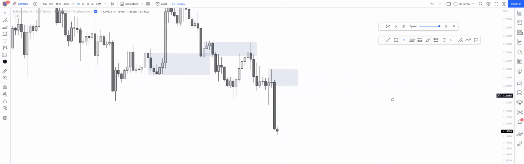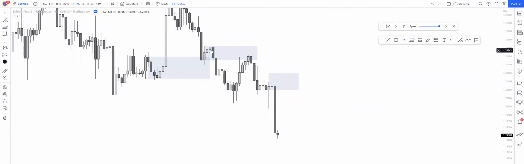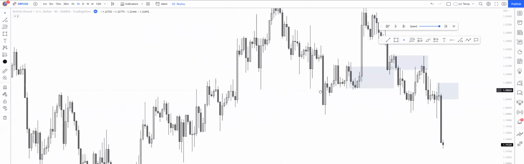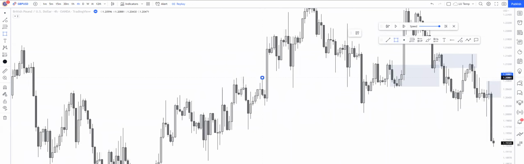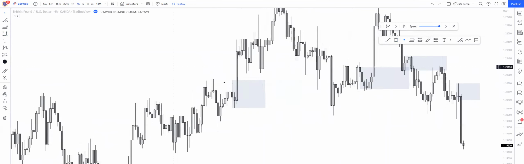Now, when we have long wicks, more wick than body on these candles, I'd rather use the body because the volume is in the body. So for example, here, this is an order block.